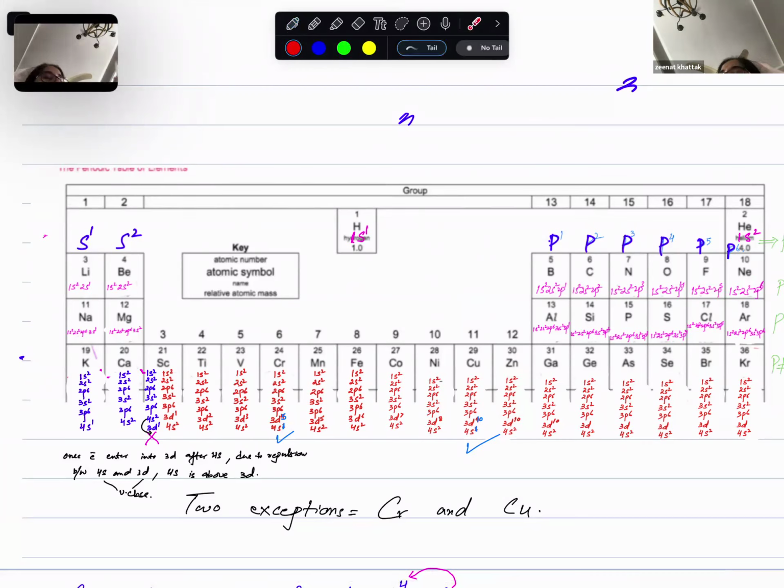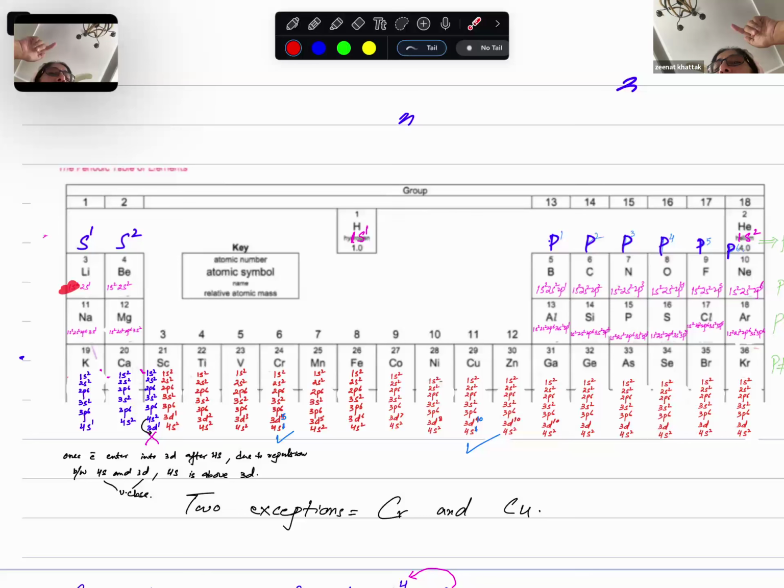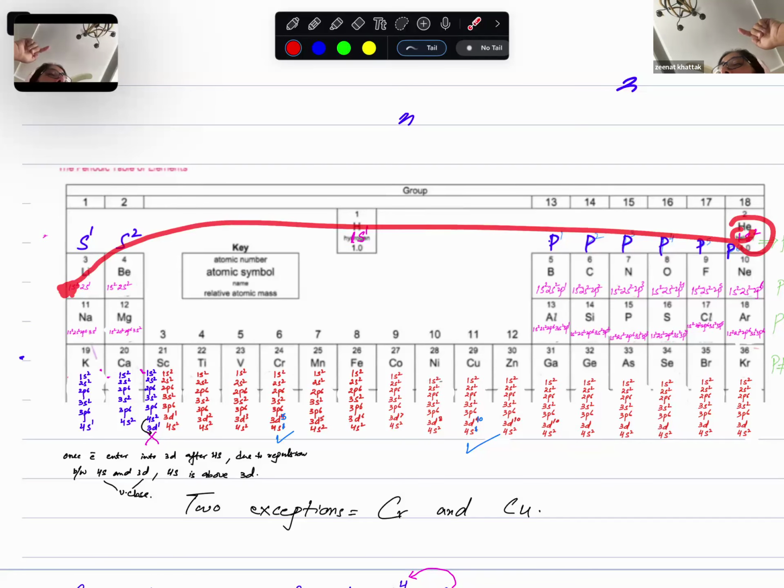Now, if you look, this is 1s1, then this is 1s2, there is 2s1 after filling. This is helium, like I'm going toward the shorthand. Helium 2s1, helium 2s2, helium 2s2 2p1, 2s2 2p2, 2s2 2p3, 2p4, 2p5, 2p6. Neon.